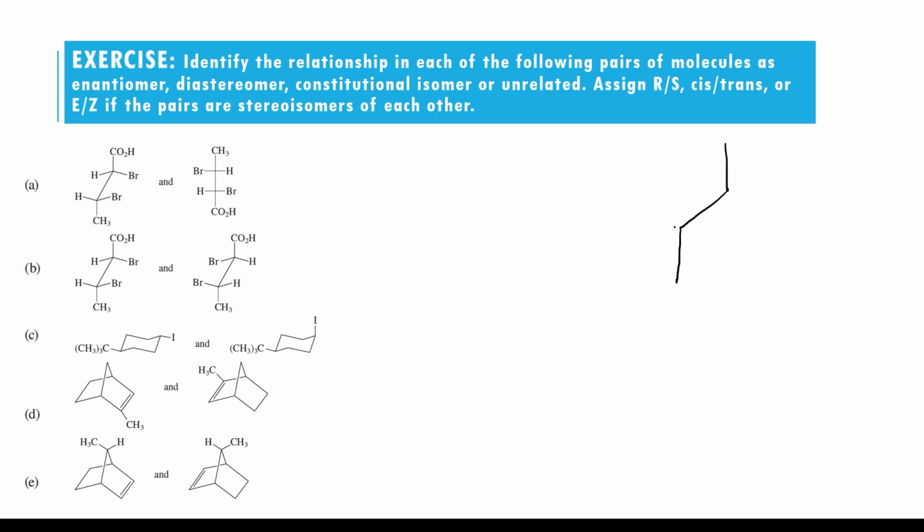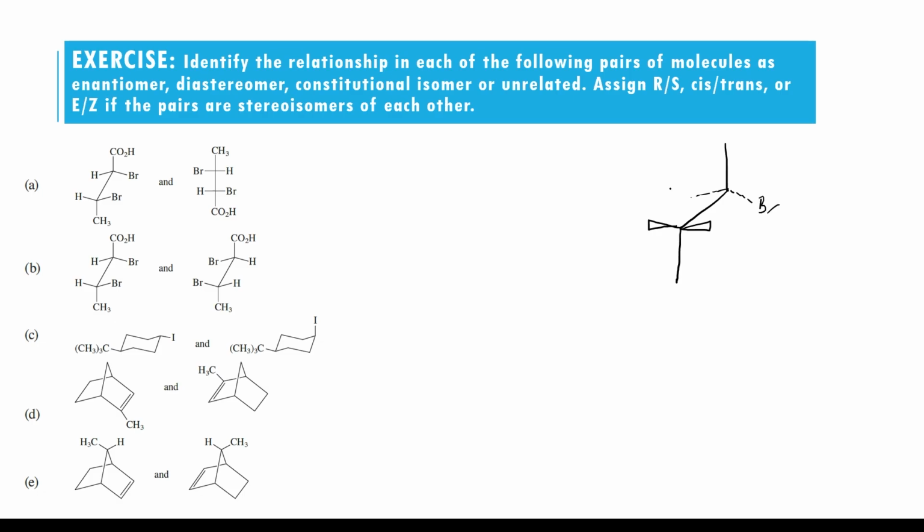And we know that the front chiral carbon's groups, hydrogen and bromine, should be represented with wedge bonds because they are coming out of the plane. And the back chiral carbon's hydrogen and bromine should be drawn with dash bonds because they are going inside the screen or paper plane.